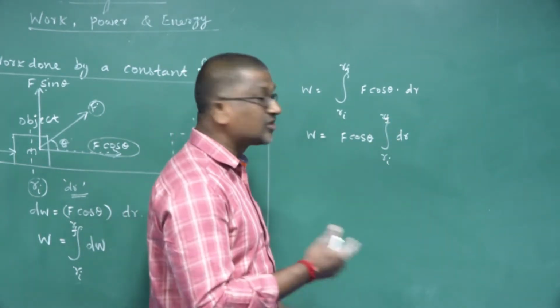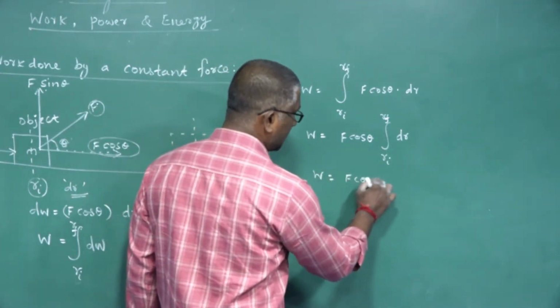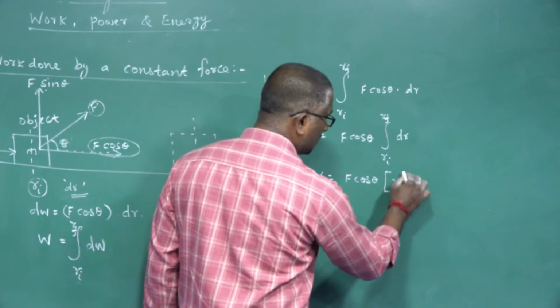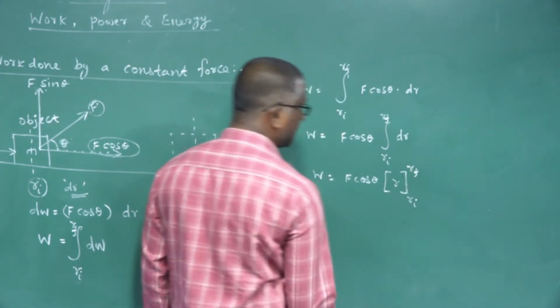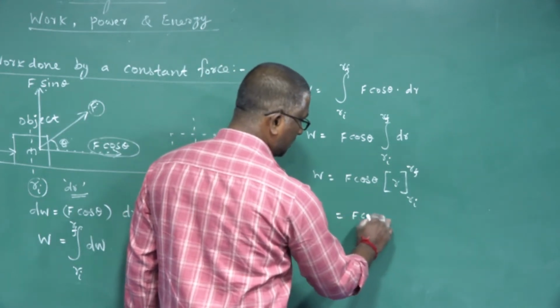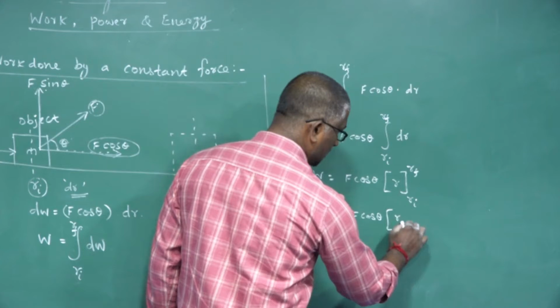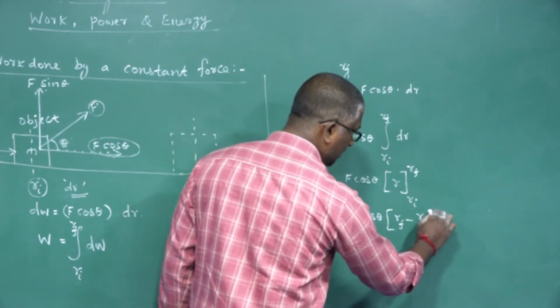We know that the integration of dr is r. So W is equal to F cos theta times r, from limit Ri to Rf. Now substitute the upper limit and lower limit: F cos theta, first the upper limit Rf, minus the lower limit Ri.